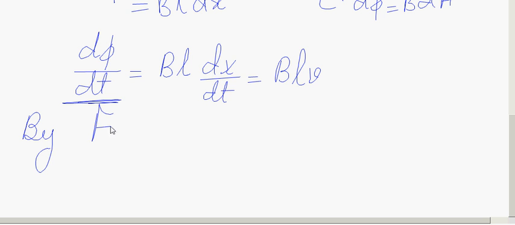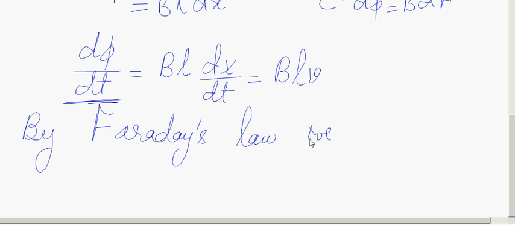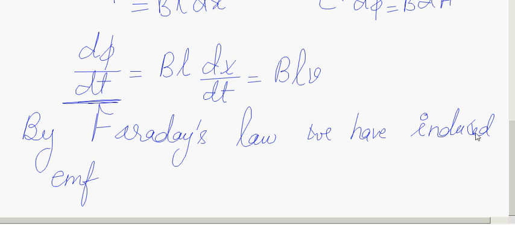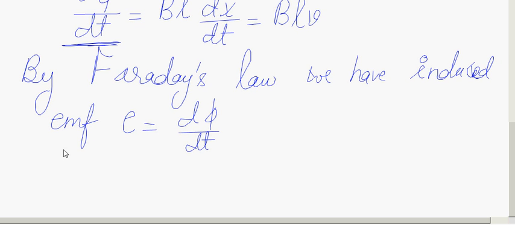By Faraday's law, we have induced EMF E is d phi by dt. Now comparing these two equations, let me write this as equation number 1, this is equation number 2.